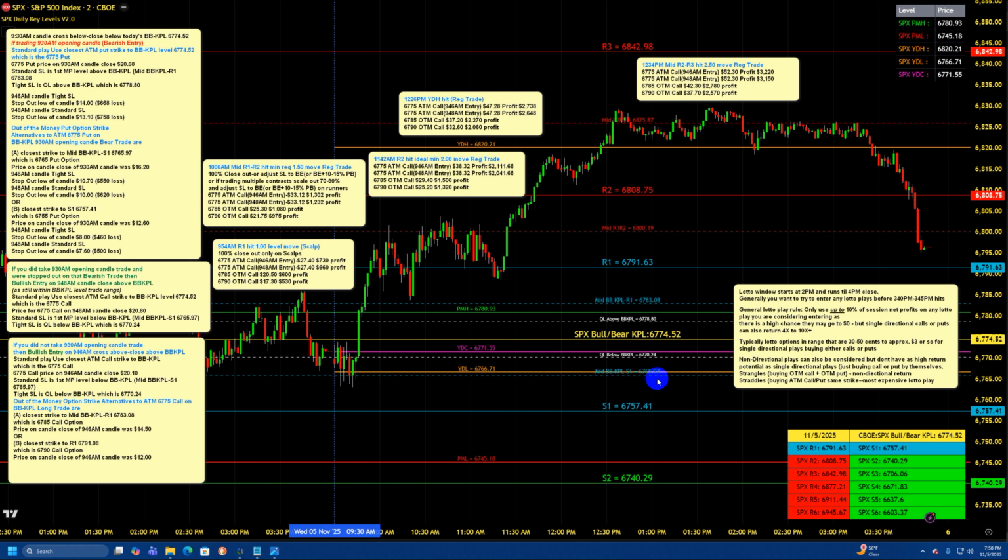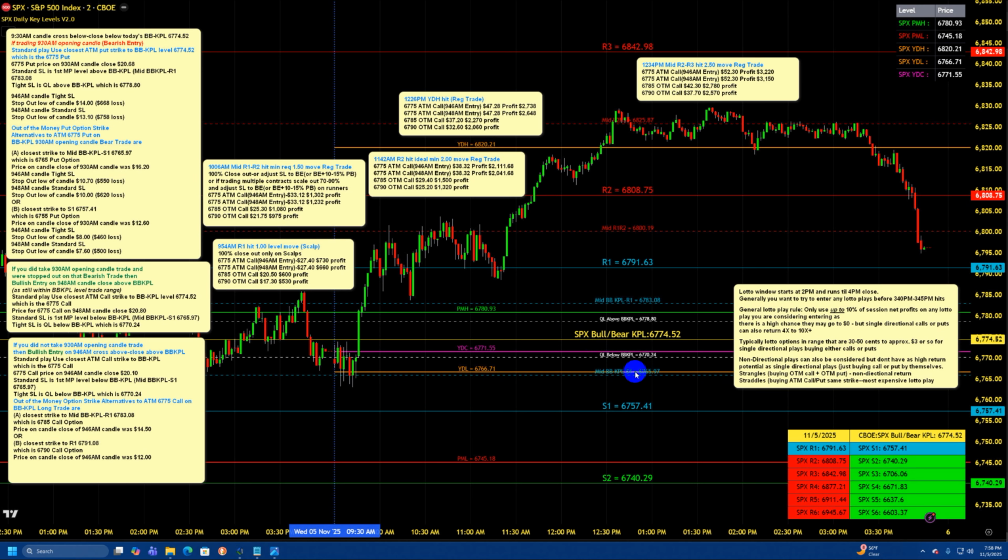So the closest strike to that is 67.65. So if you preferred to use an out of the money strike as opposed to the at the money because of the cost of the at the money, then you would instead use a 67.65 put.